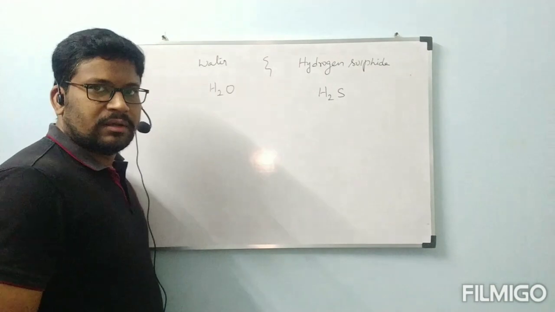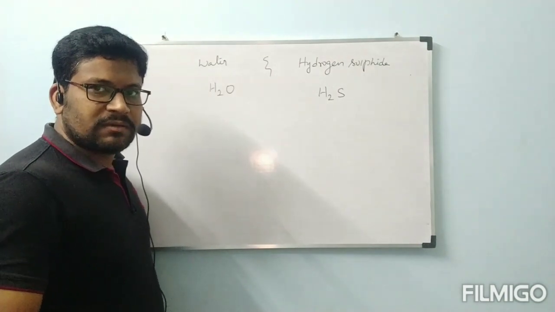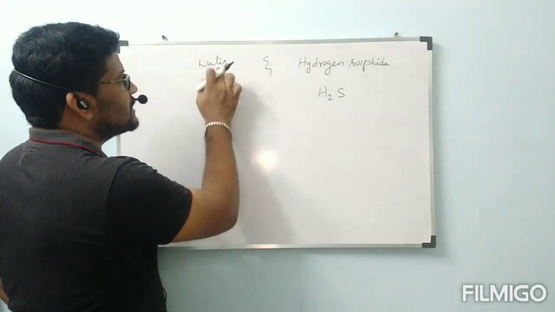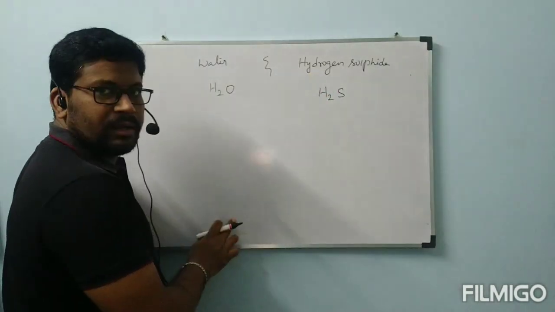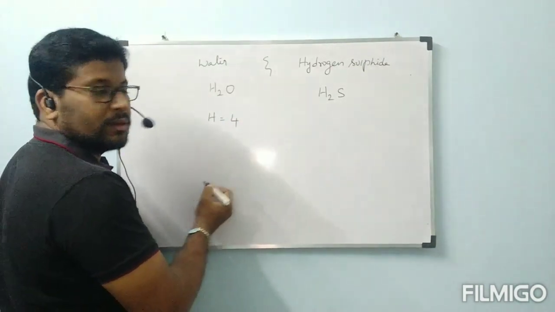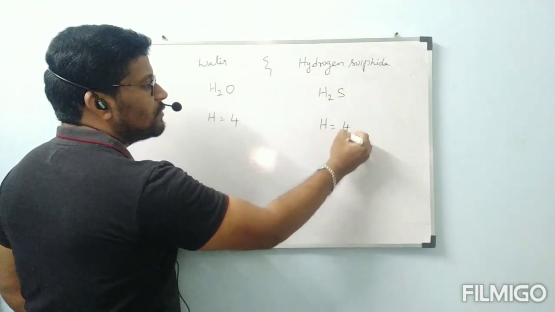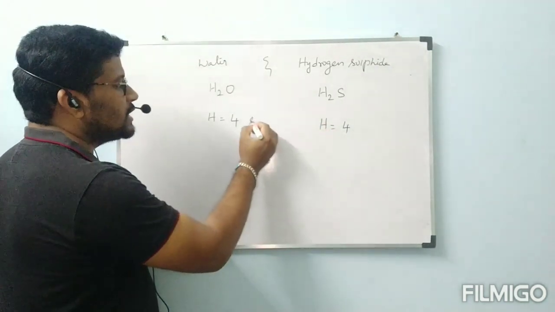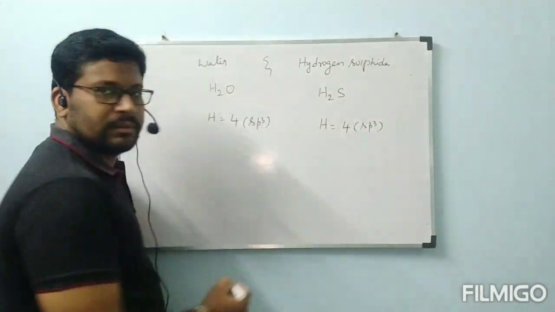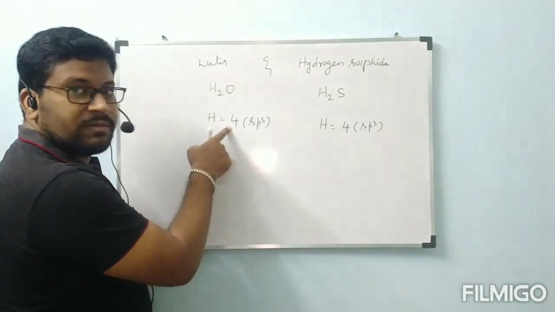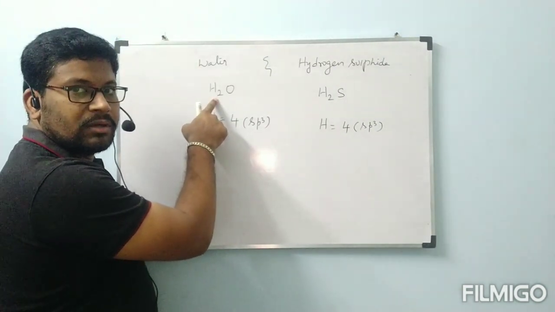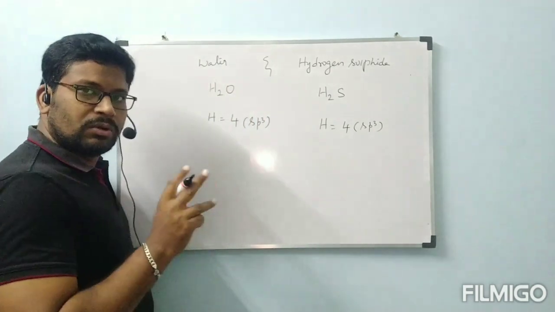Now coming to how the hydrogen bond explanation came into existence. Let us consider water and hydrogen sulfide. The H value is equal to 4 here, and for H2S also the H value is equal to 4. Hybridization is sp3 for both. With 2 hydrogens present, that means 2 lone pairs are present: 4 minus 2, 2 lone pairs.